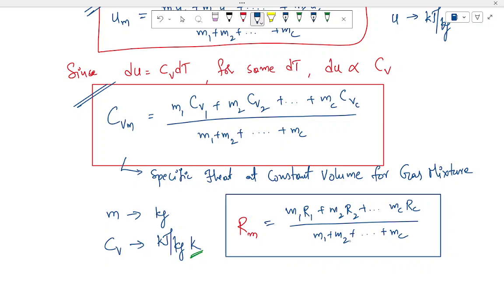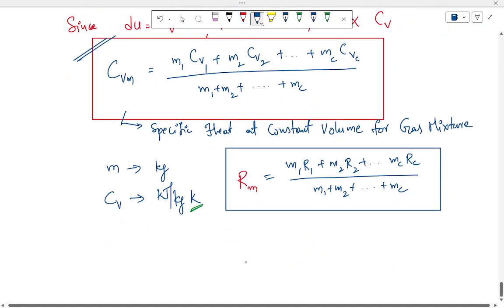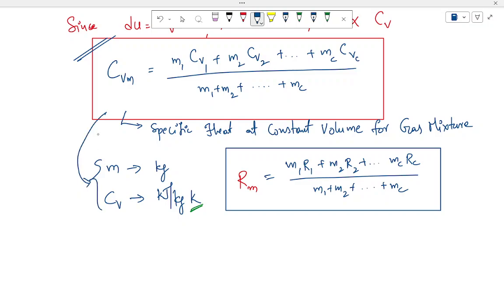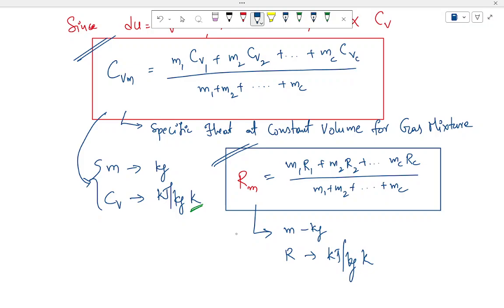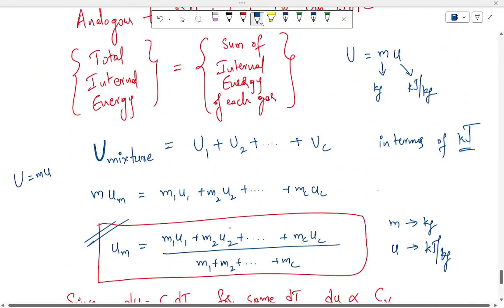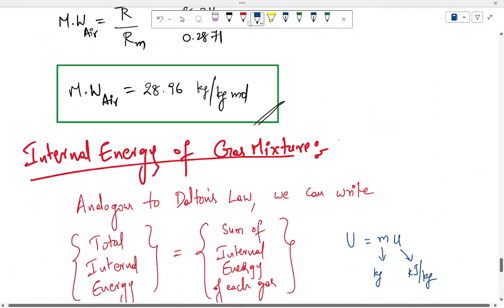Looking at the unit balancing here also, m is in kg, and the R value will be in kilojoule per kg Kelvin. That is, both your Cv formula and R formula are analogous here. Okay, so that's what we can see from the story of internal energy of the gas mixture.